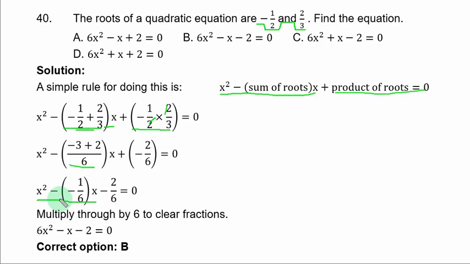As you are doing that, you must also note that minus times minus here is plus. So 6 times s squared, 6s squared. 6 times 1/6, that is 1 times s. You have s, you multiply this by 6, you have -2 equal to 0. So C is the correct option.